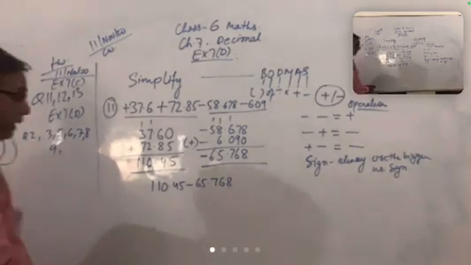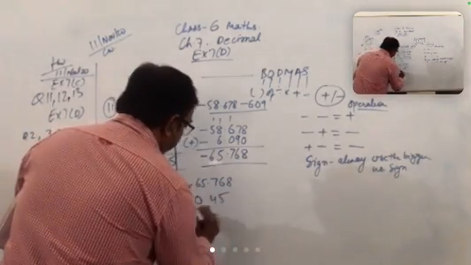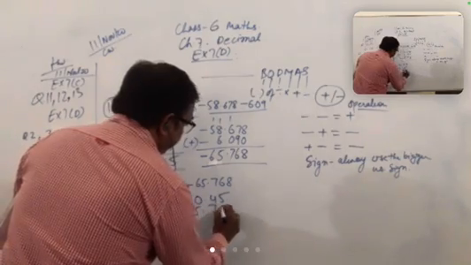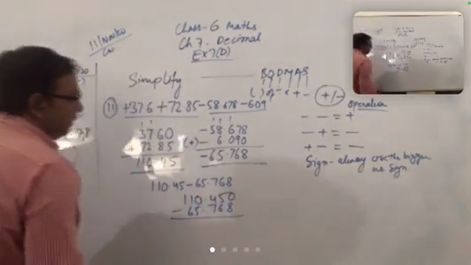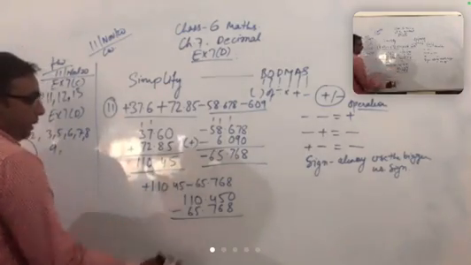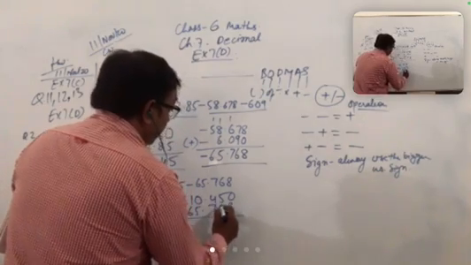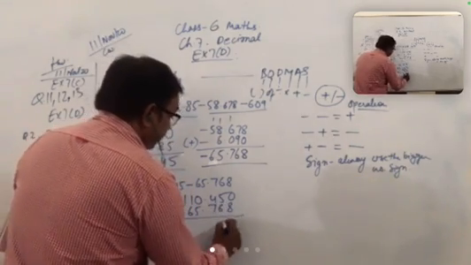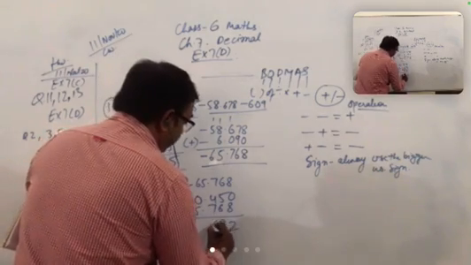So we subtract it again by writing this number like this: 65.768. We put 0 here and then subtract it, because this is positive number and this is negative. So plus minus is minus. So this is 2, and 14 minus 6 is 8, and this is 13 minus 7 is 6.